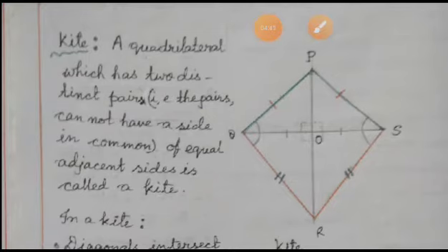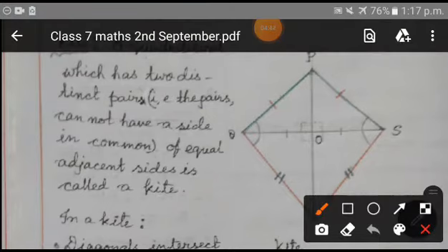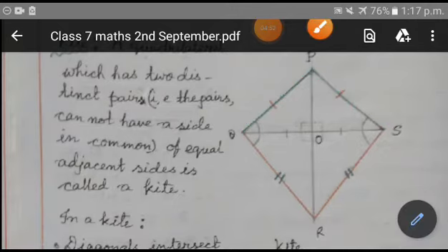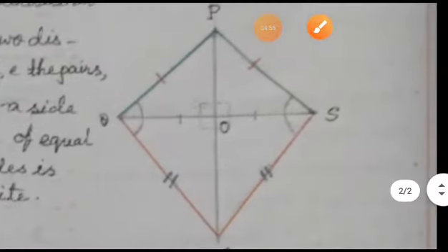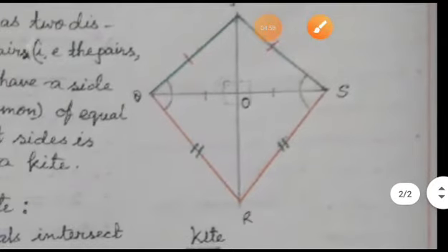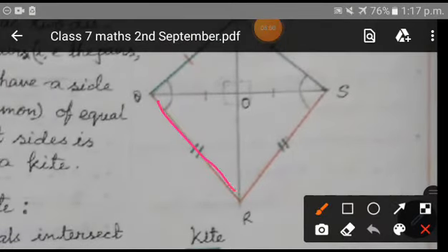So here PQ is equal to PS, right? This side is equal to this side and again these two sides are equal. The side QR is again equal to side SR.